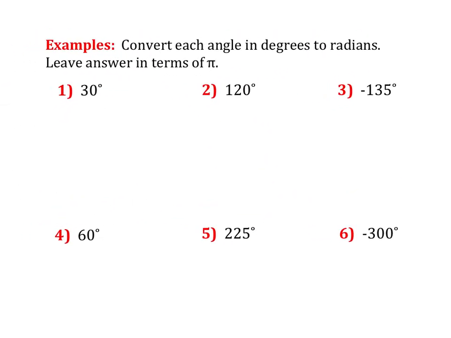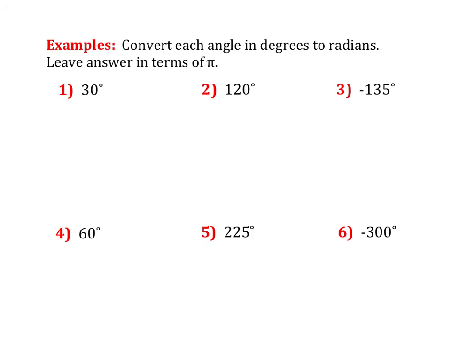So here we have some examples. I'm converting from degrees into radians. So if I want to end up with radians, I need to multiply each one of these by pi radians over 180 degrees. That's going to be my conversion factor for every single one of these.